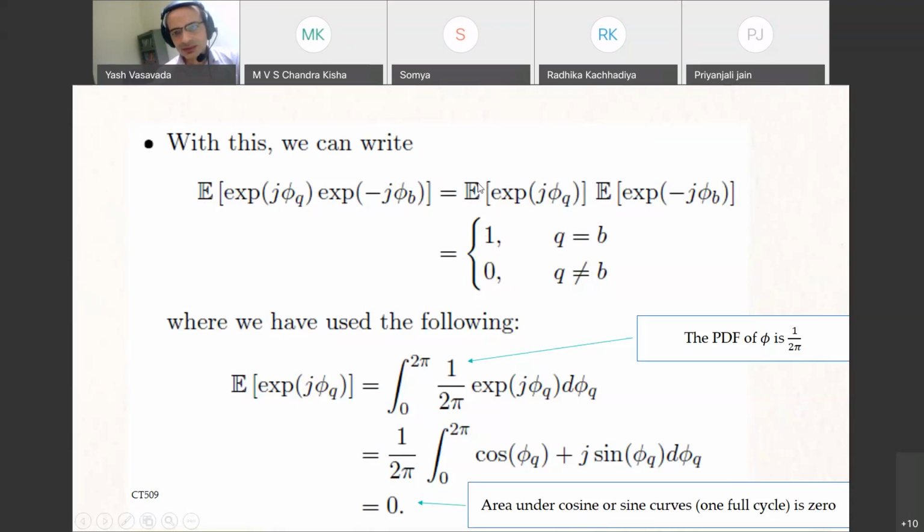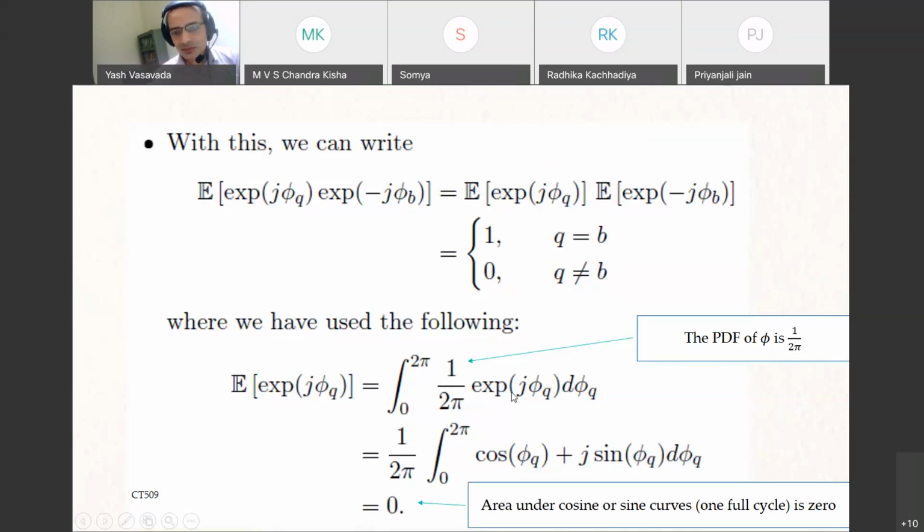And here what we have done is we have taken this expectation, expected value of exponential of j phi q, and we have spelled out how it looks. We know that to do expectation, we have to multiply the PDF with the actual function itself. That is what I did here, and then we have to integrate it over the range of the random variable, which is 0 to 360 degrees.